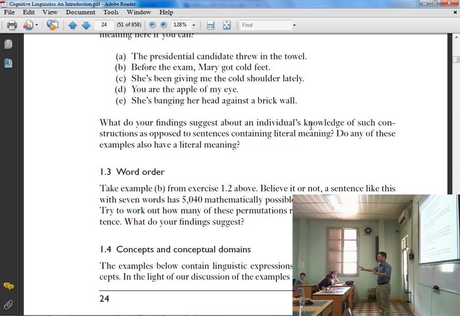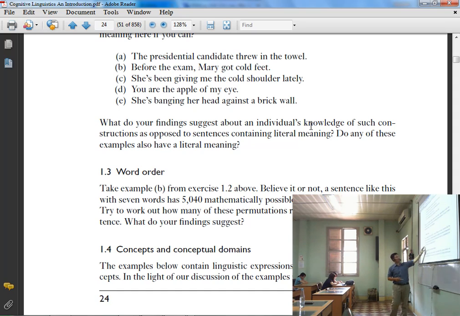You can extend that to infinite numbers of structures and expressions, but only a few actually make sense to human thinking, because only a few actually connect with our experience with the world. Okay, only a few connect with our encyclopedia about the world around us.